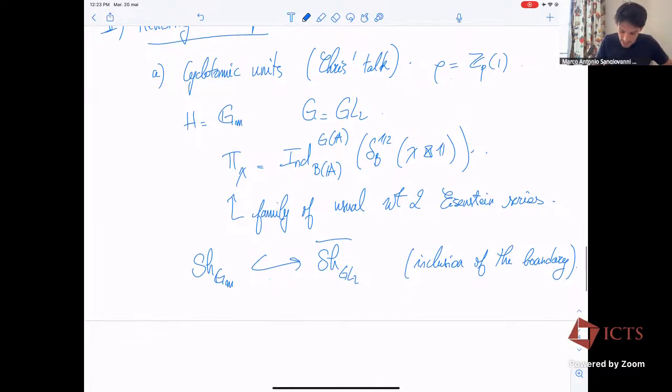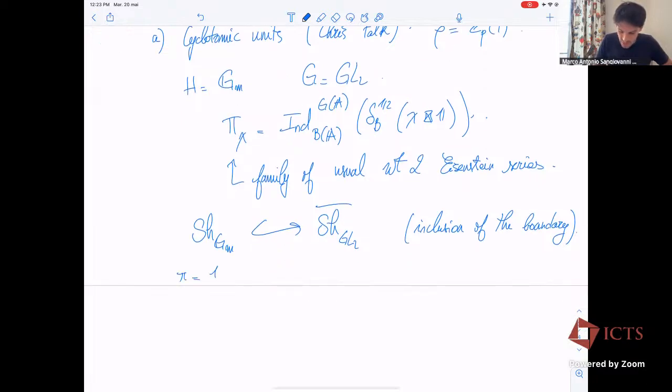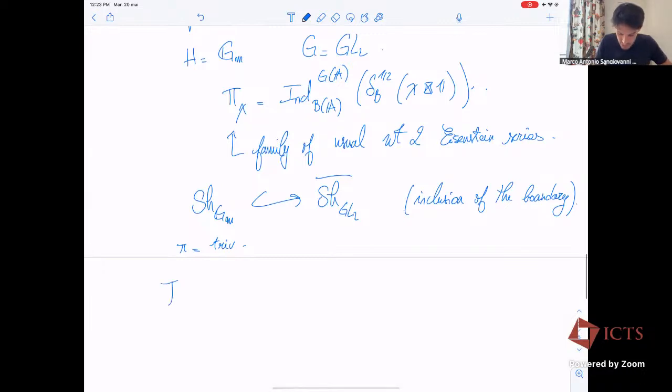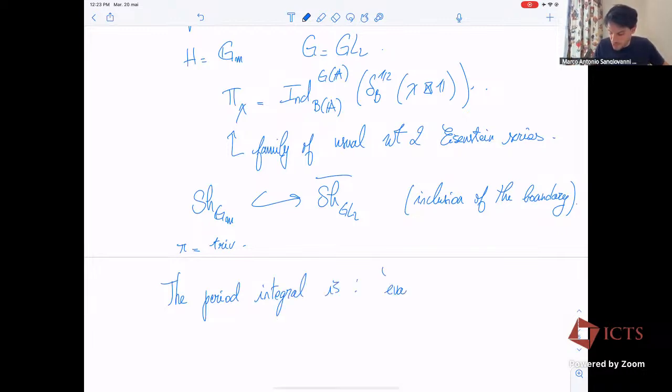And the little pi is just the trivial representation of GM. And so there, what is the period integral? It is, as Chris said, the evaluation at two cusps, at the difference of two cusps.